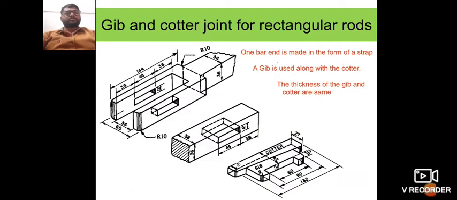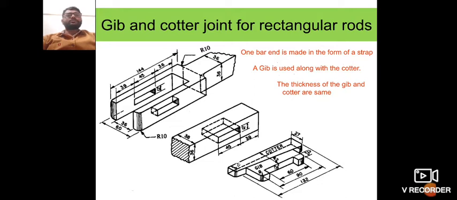Next type of joint is the jib and quarter joint for rectangular rods. The previous one we talked about was for circular rods. This type is for rectangular rods, where one bar end is made in the form of a strap, and a jib is used along with the quarter.